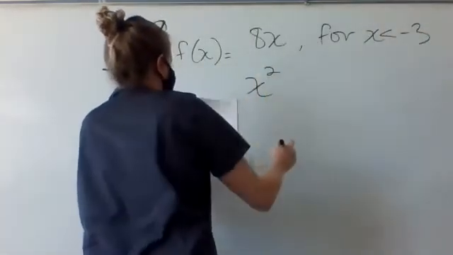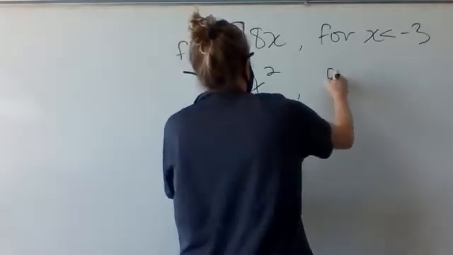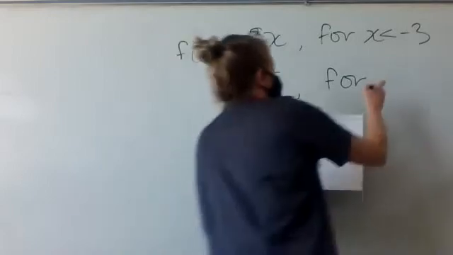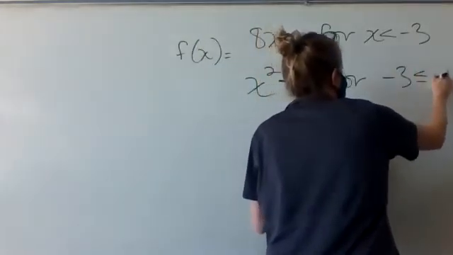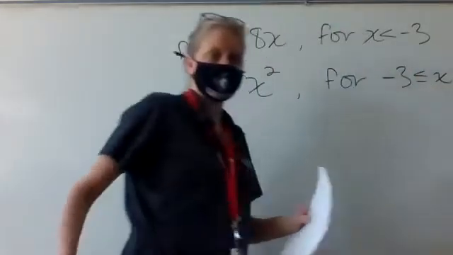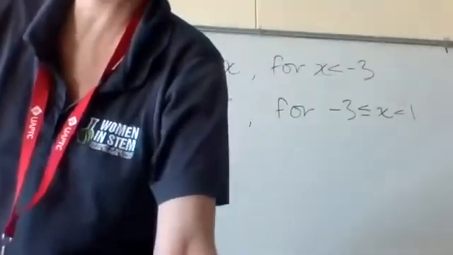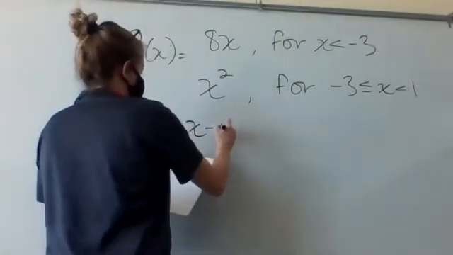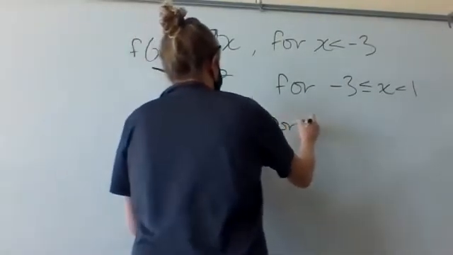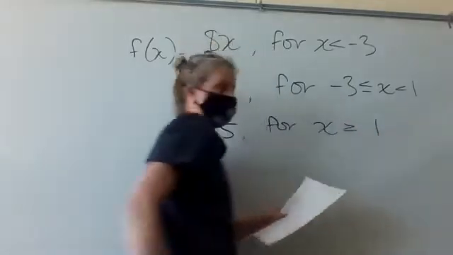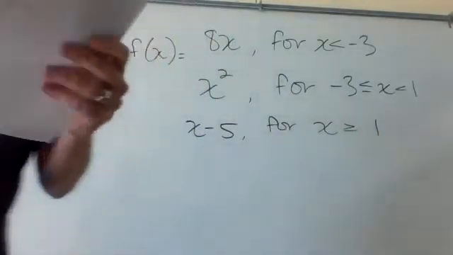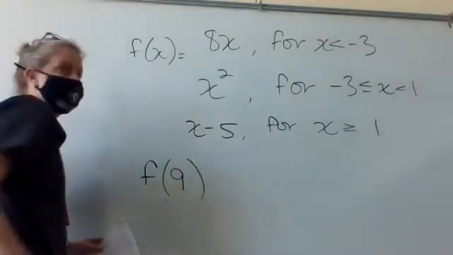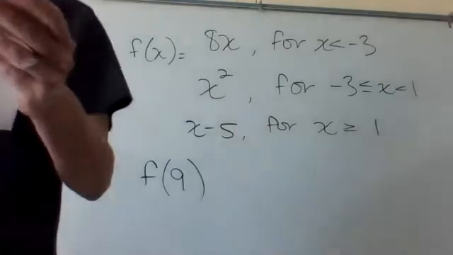X squared for when -3 is less than or equal to x is less than 1. And x minus 5 for when x is greater than or equal to 1. And this time it wants us to find what piece f of 9 would go into.